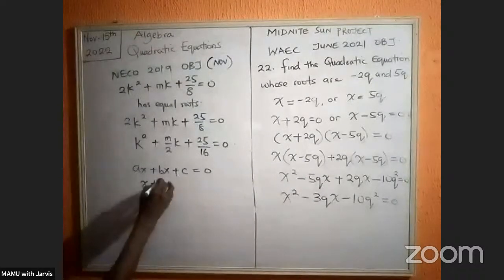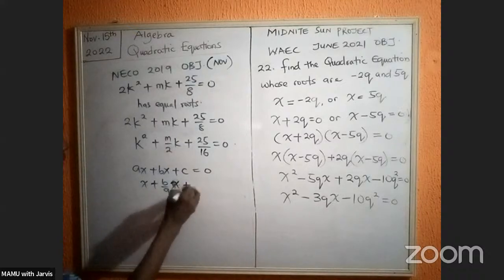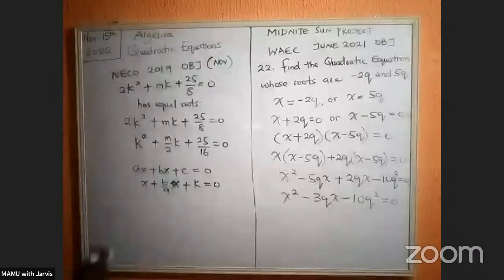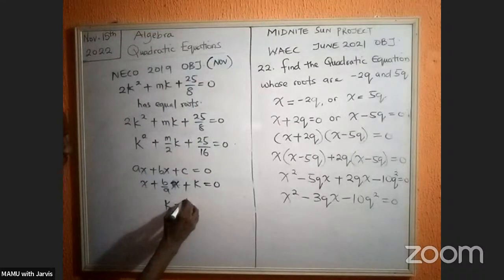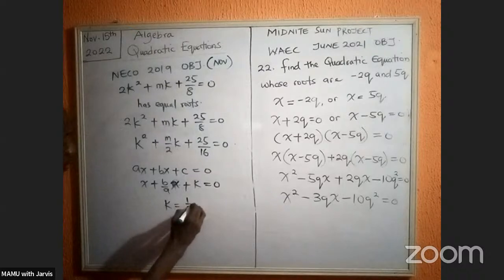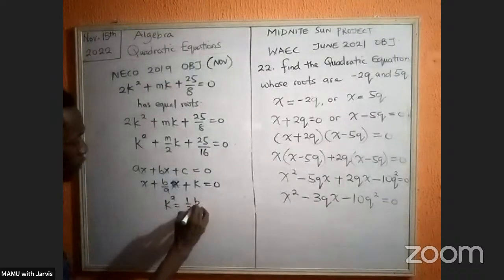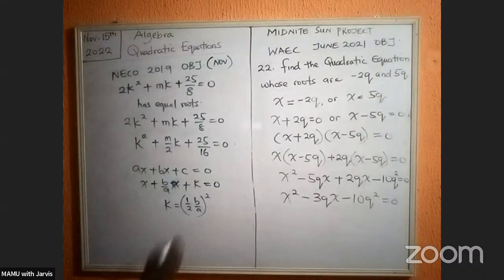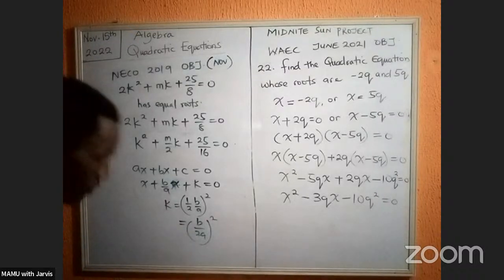X squared plus b over a x plus k, where k is actually what? C over a, is equal to 0. So it says that k will be equal to what? To get k, you get what? Half of b over a, all squared. Or rather, k will be equal to b over 2a all squared. All right.